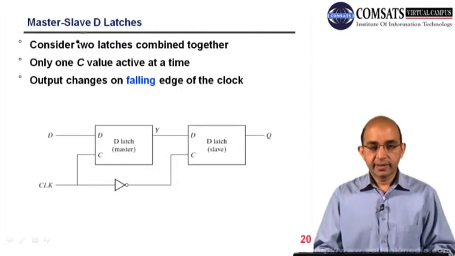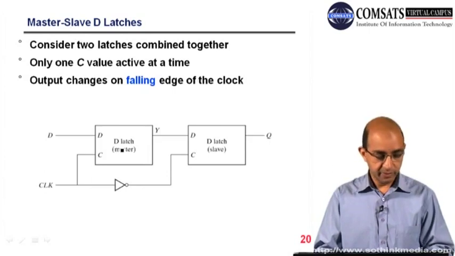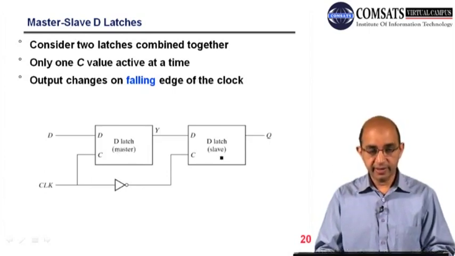So that's what we were talking about, master-slave D latches. Here this is the same diagram, but here we have master and slave. As the name indicates, the slave follows the master. Here we have two latches cascaded, and only one latch will be activated at a time because we have a clock here.